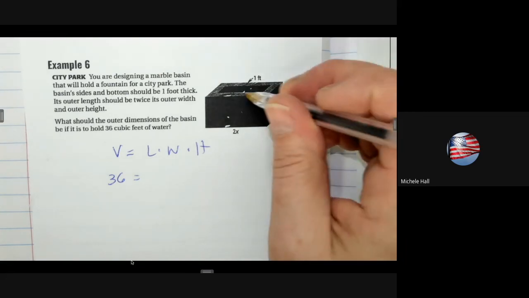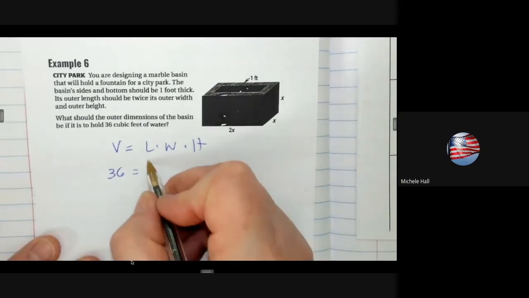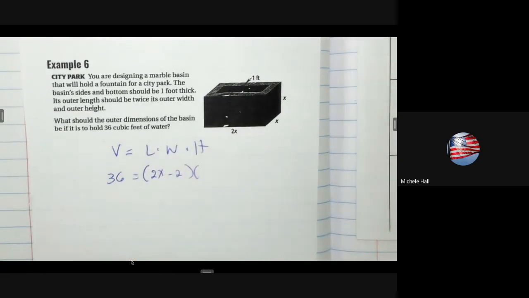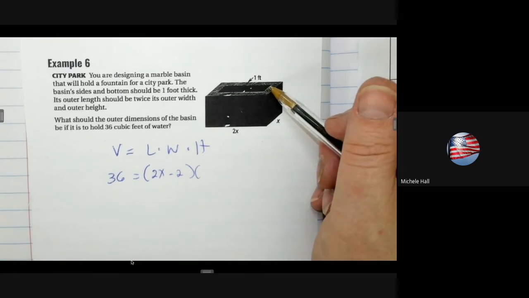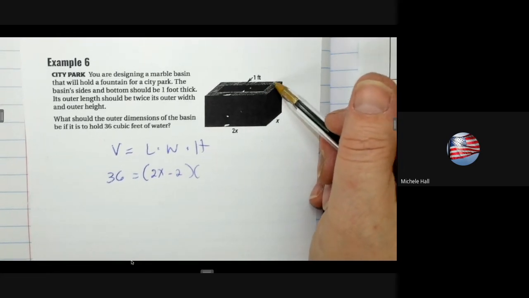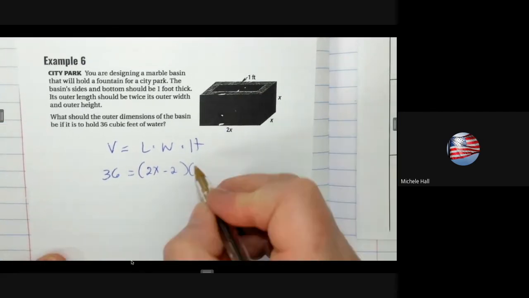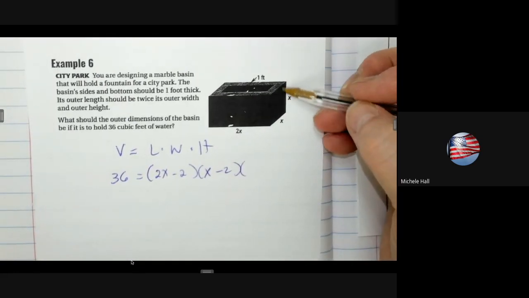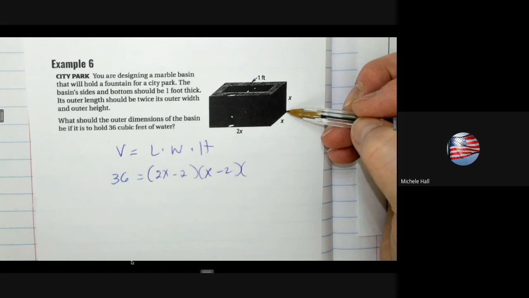It's a foot, so 2x minus 1 minus 1, so 2x minus 2, times, we have an x width here, and it will be minus 1 minus 1. So that's going to be minus 2 for this one, x minus 2. And then for this, it's just going to be x minus 1 for the base.